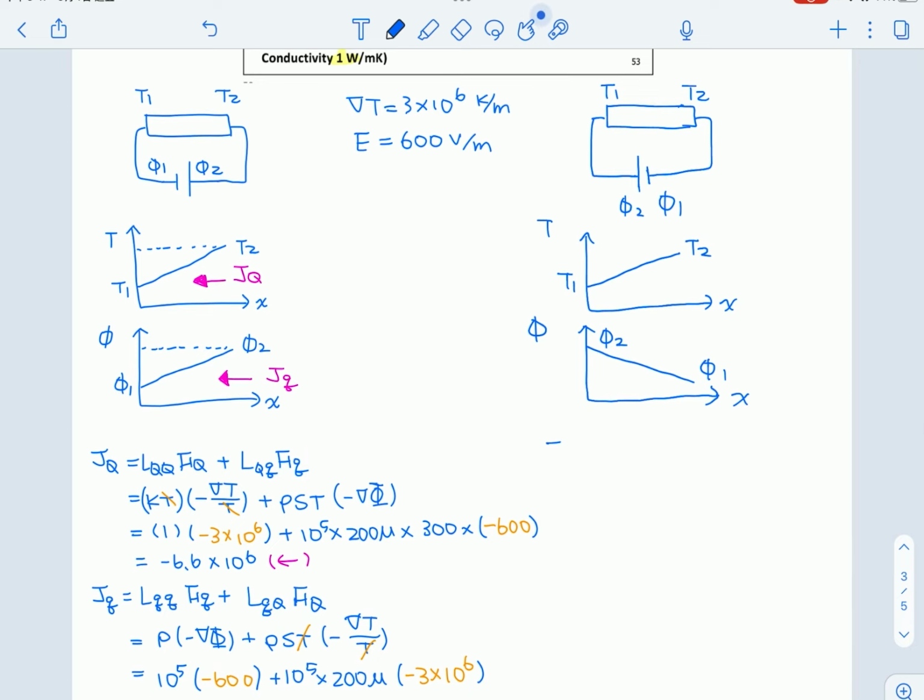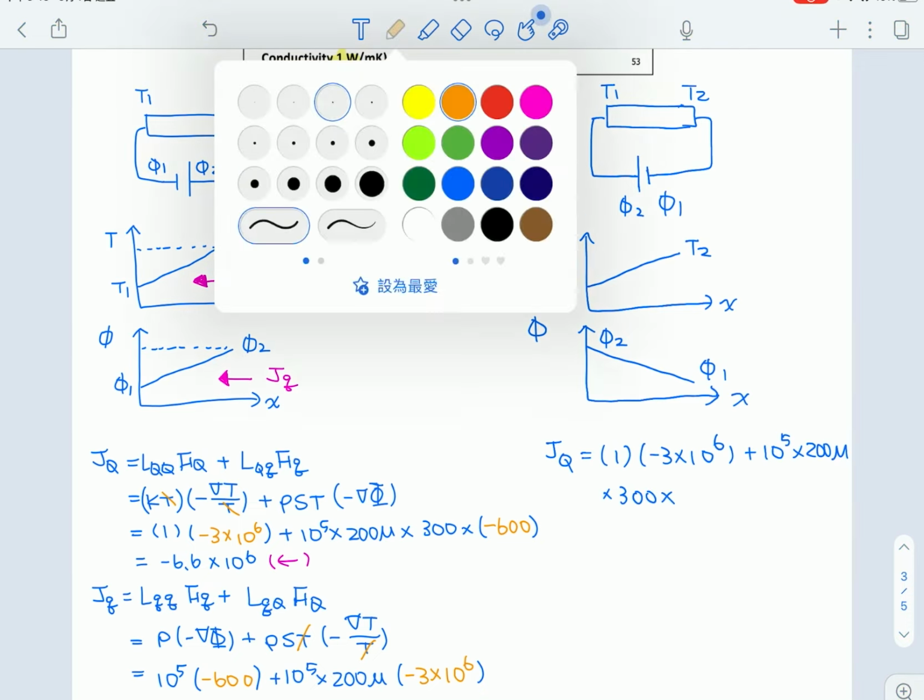And I believe you can simply calculate the heat flux here. So the heat flux here, you can just copy that. It's 1 times. The only different part will be the minus electrical potential term, right? So you can just copy the rest of it times 300. But the rest of it should be what?